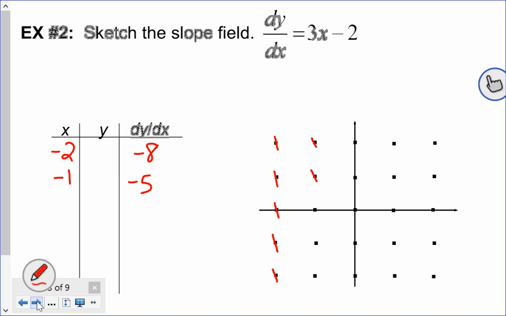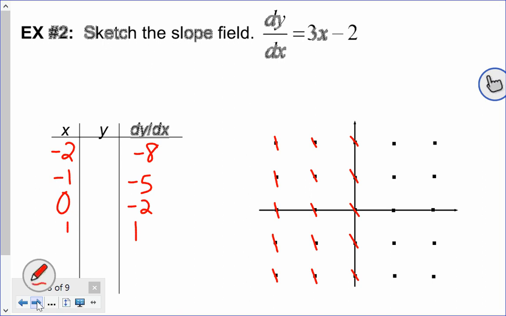So the best that you can. And that's what you get all the way down. If we have x equals 0, we're going to get -2. So again, just not quite as steep. And then if x is 1, we're going to get 1, because we'll have 3 times 1 is 3, minus 2 is 1.